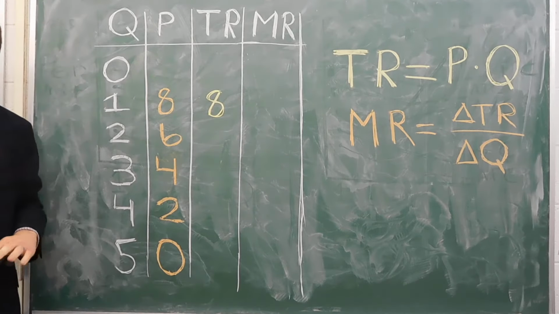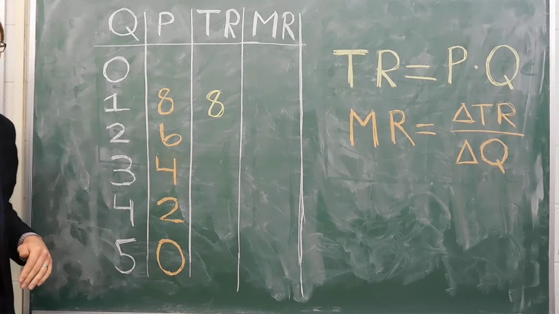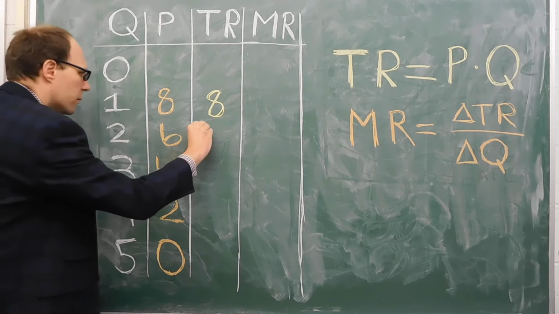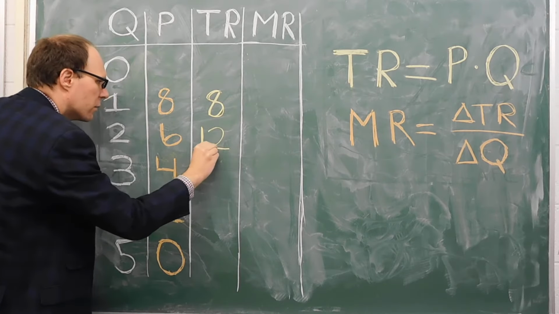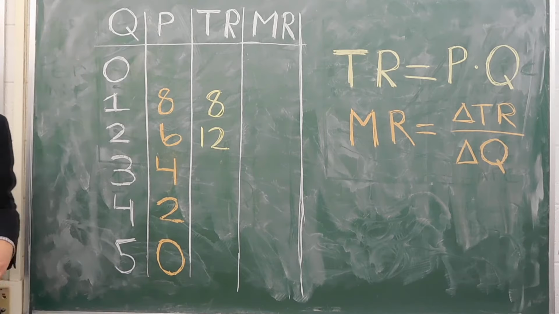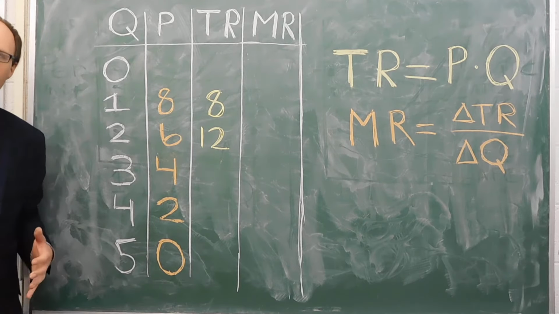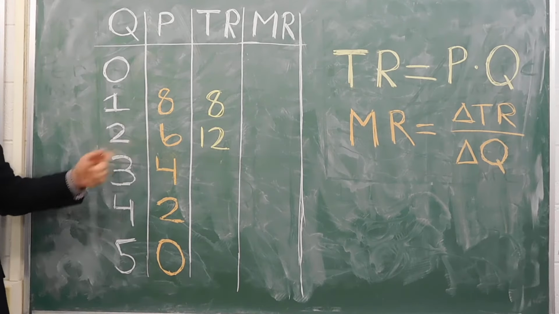And when we sell 2 boxes of chalk, 2 times 6 will give us $12. That's $12 in total revenue. Notice that was not 8 plus 6 because of the law of one price. Both buyers got to buy the chalk for $6 each.